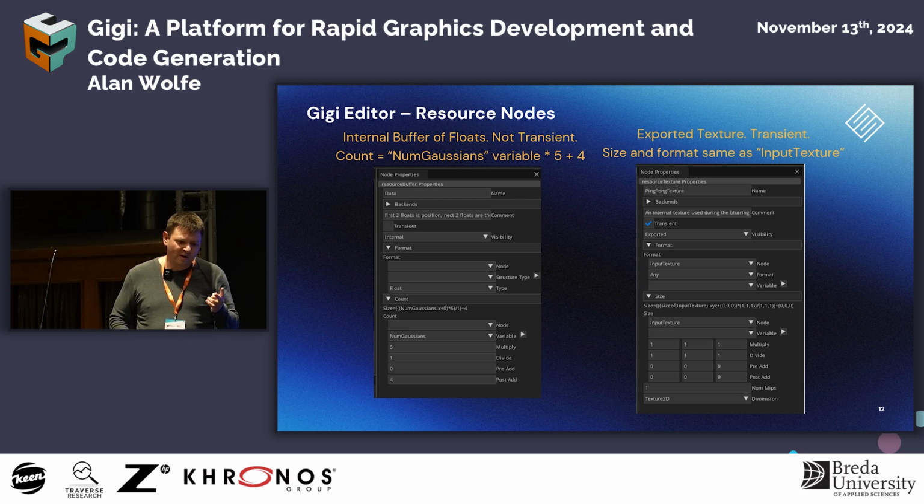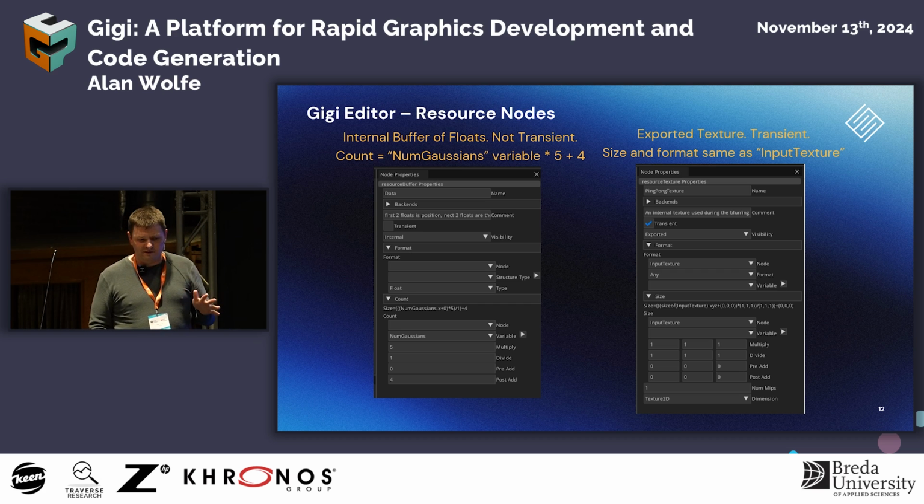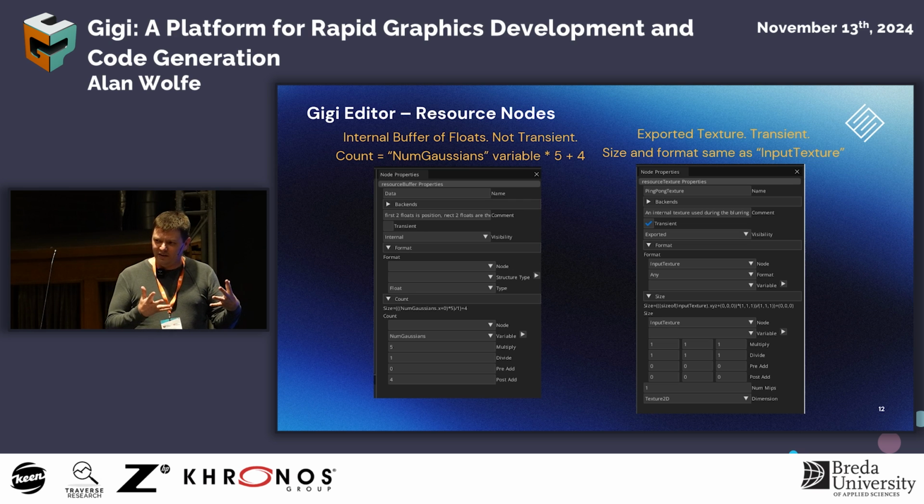In this case, the size and the format are not set to specific values, but it's set to be the same as another node called input texture. What this does is it allows you to template reusable techniques. So if this was in a box blur technique, you could pass in a U8 texture and you'd get a U8 texture out, or you could pass in an F32 texture and you'd get an F32 texture out.